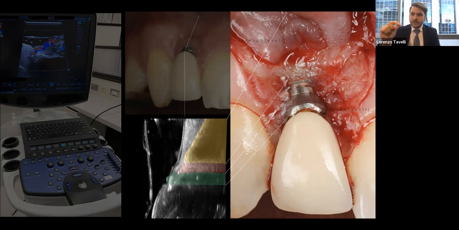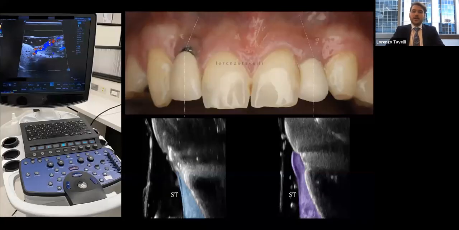And then there is the red portion, which is a few threads of the implant that are exposed, not covered by the buccal bone. And then in yellow, I colored the buccal bone for you. So here is basically what I can see with the ultrasound without opening a flap. And going back to the ultrasound scan, in blue I colored the soft tissue component of implant number 7, and in purple of implant number 10.